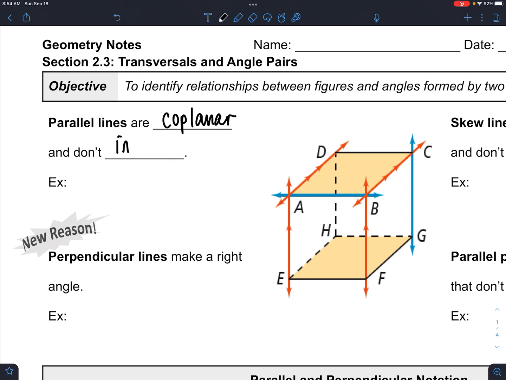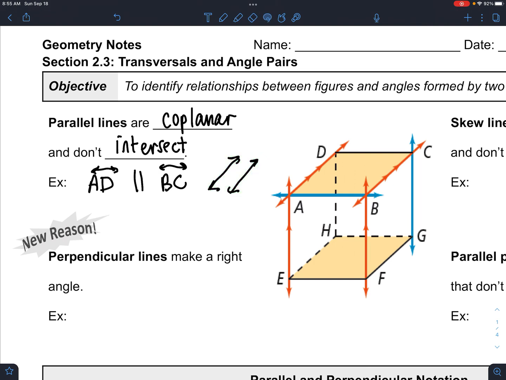Okay. So, parallel lines, they're actually coplanar, and they don't intersect. So, parallel lines, we could write, how about line AD, that red one right here, is parallel to BC. And notice how in the picture, when you have two parallel lines, there's actually a plane that you can draw that they both sit on.